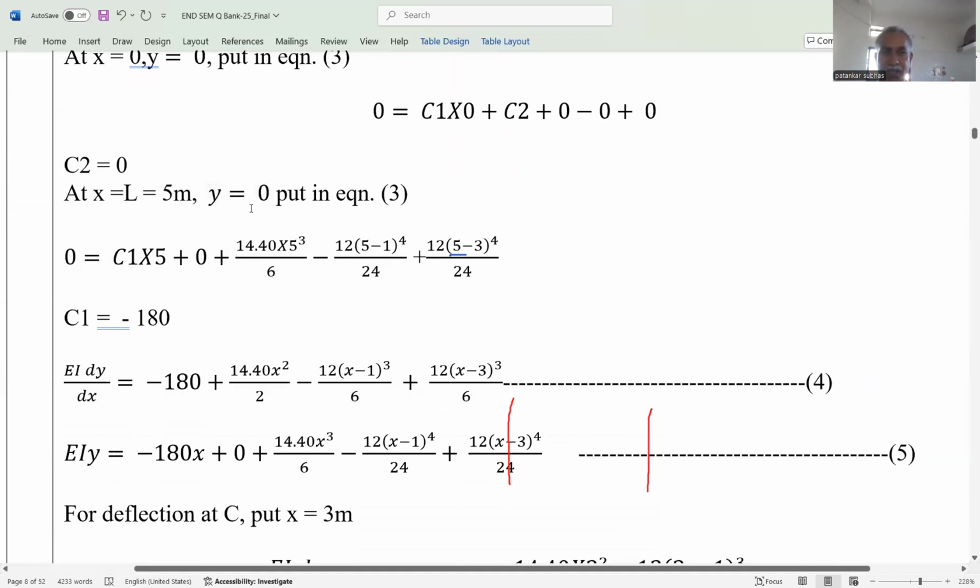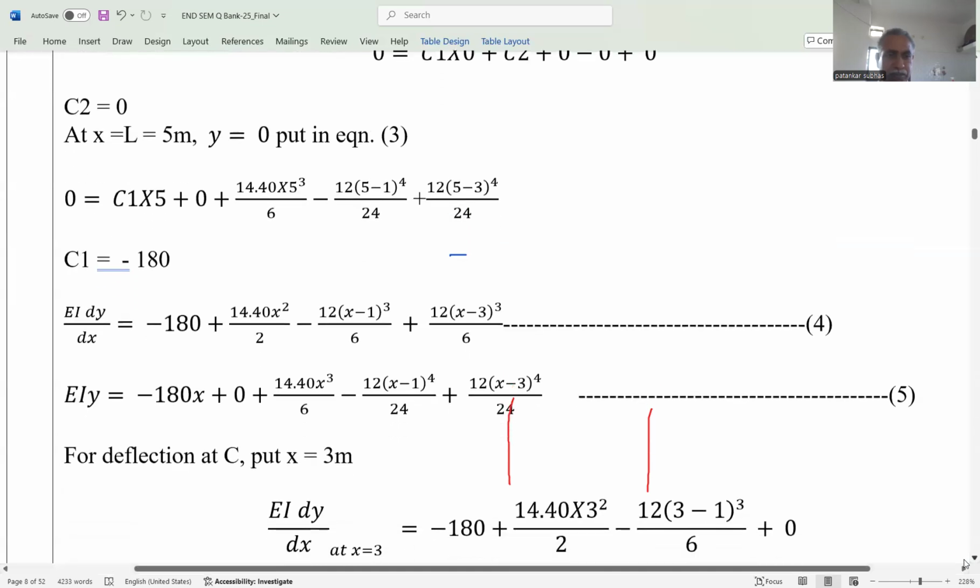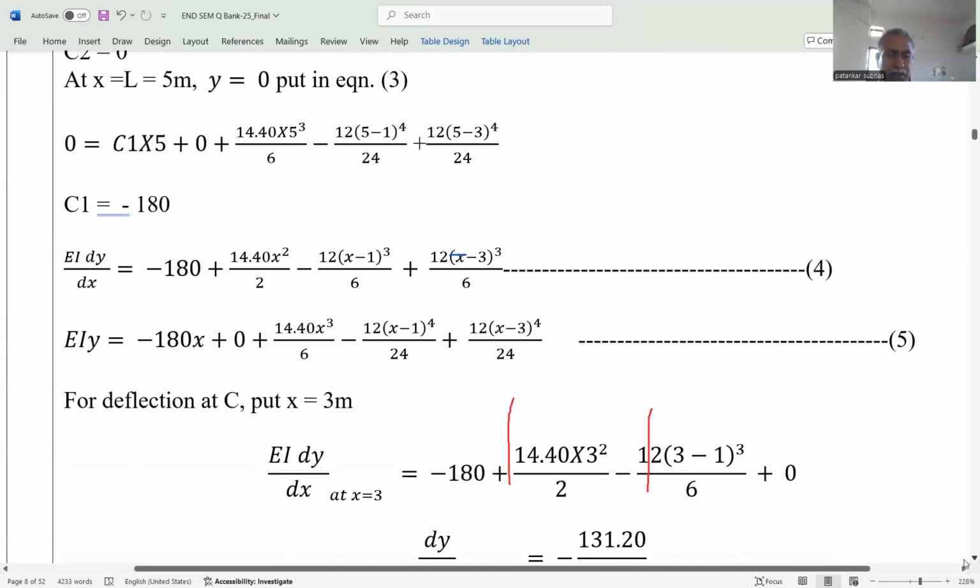And similarly, at x is equal to L, that is the total span 5 meter, dy by dx is also equal to 0. After doing this, we get the value of C1 and C2 at x is equal to 3 meter. So C1 is equal to 1 by 18.